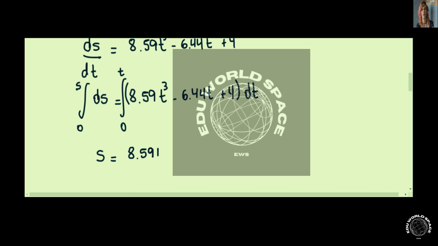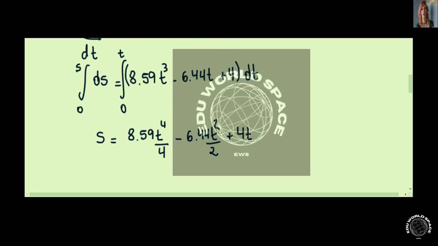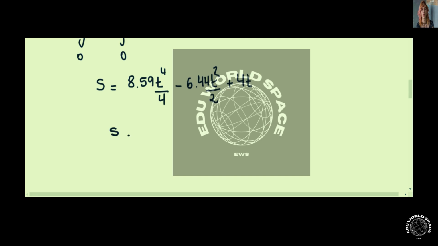8.59 t to the fourth over 4 minus 6.44 t squared over 2 plus 4t. So s is equal to 2.15 t to the fourth minus 3.22 t squared plus 4t feet.